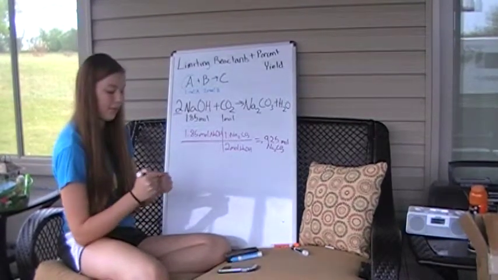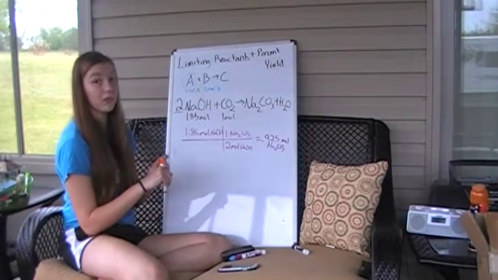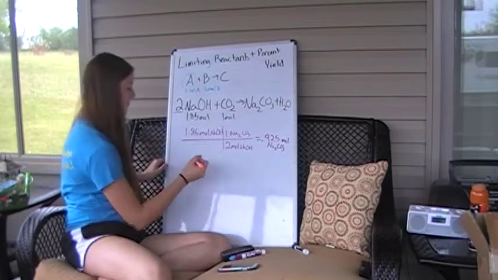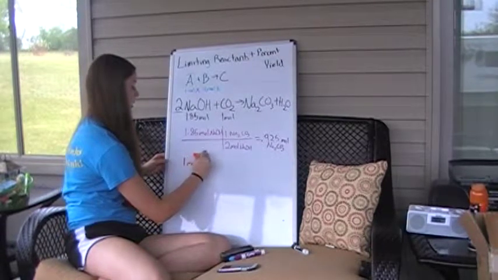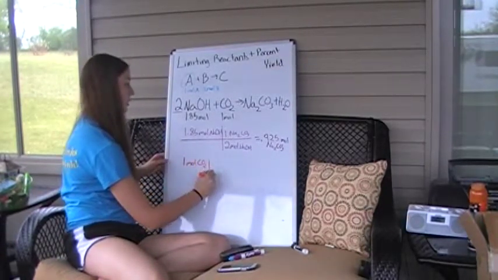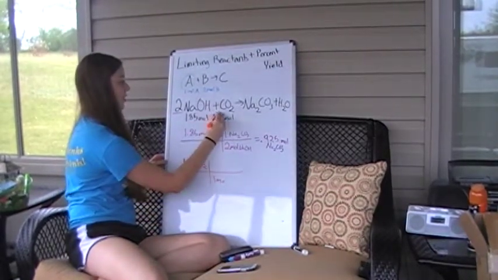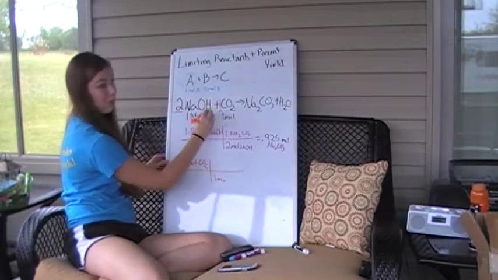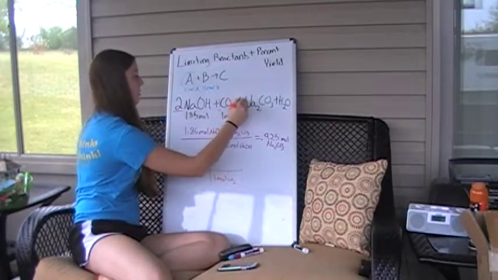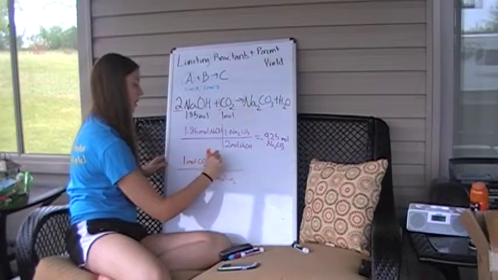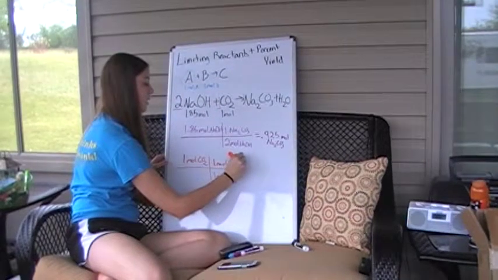And then we have to find how many moles of the product we can make from 1 mole of CO2. So we are given 1 mole of CO2, and that is equal to the 1 mole it's given. And that is also equal to the 1 mole of Na2CO3.